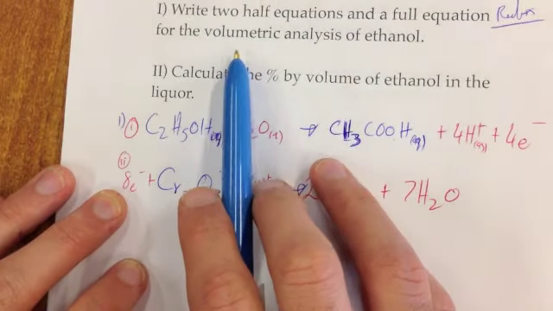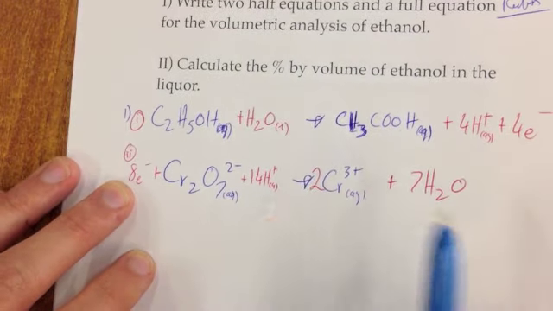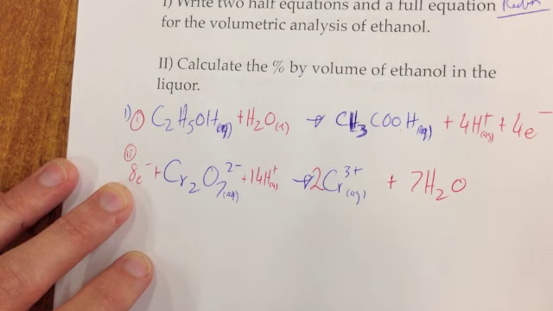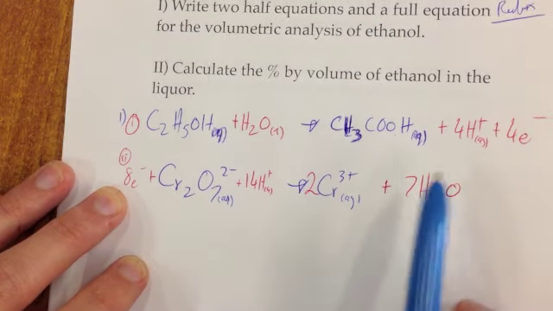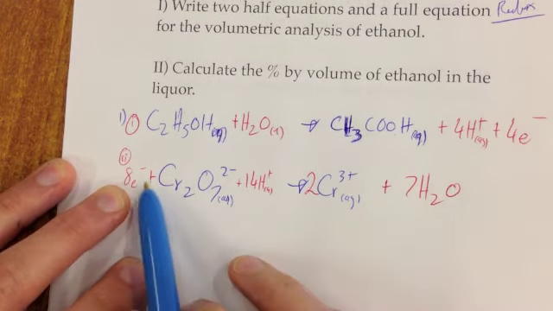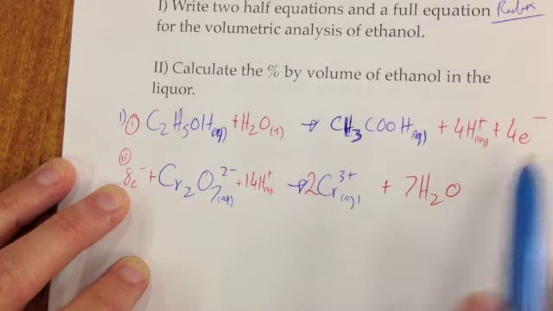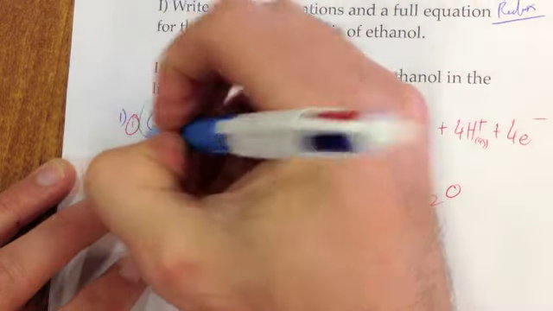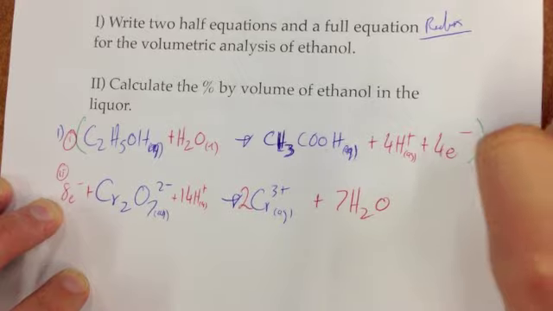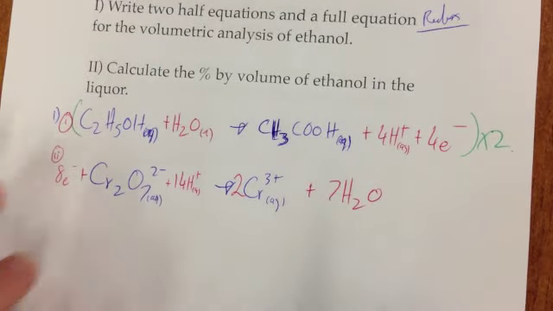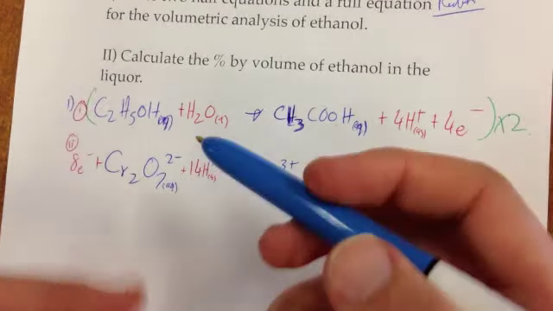Need to make a full chemical equation, so I need to add these 2 half equations together. How am I going to do that? I need to balance off my electrons. I've got 8 on this half equation, 4 on this half equation, so this one must be multiplied by 2. And then I add the 2 together.